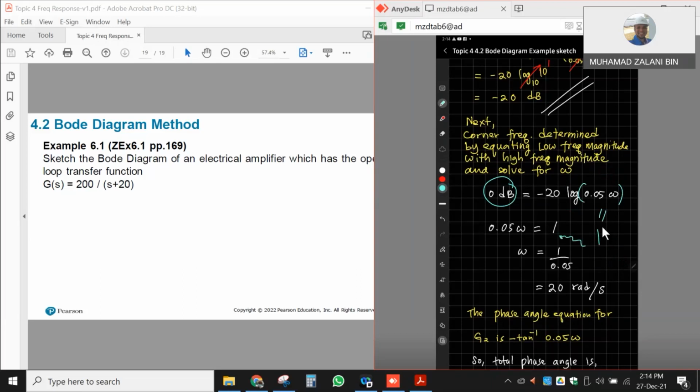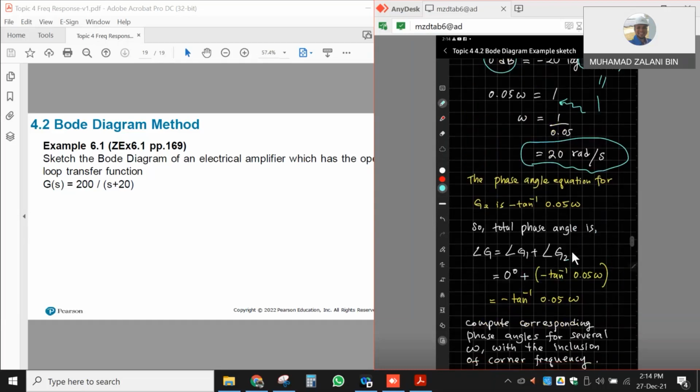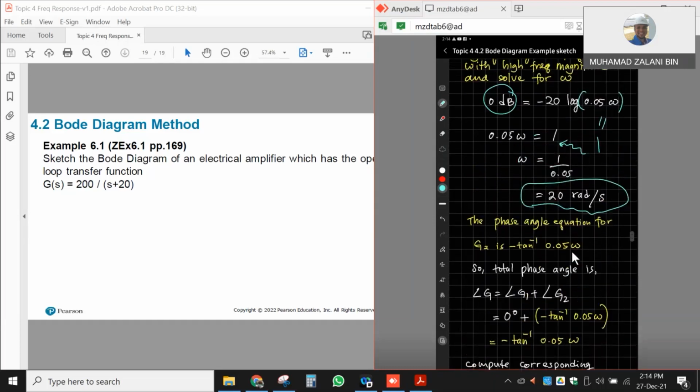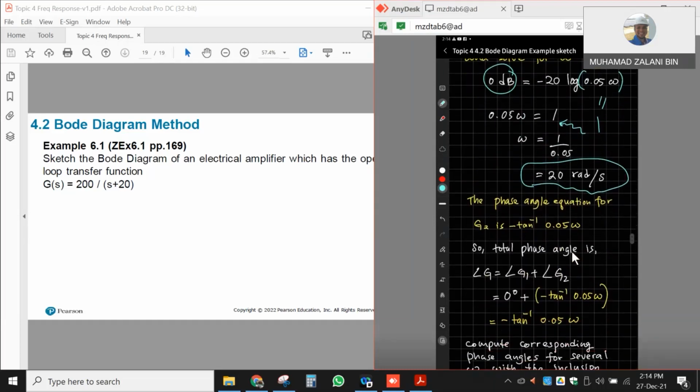That is why 0.05 omega equals 1, so that we can solve for omega, which is 1 over 0.05. So here omega is 20 radian per second. Okay, omega is 20 radian per second for the corner frequency.